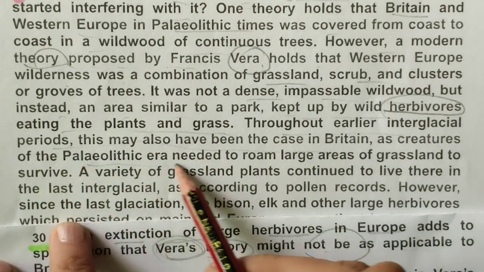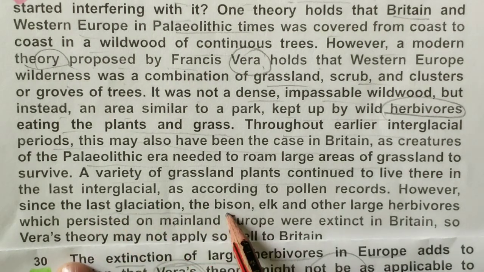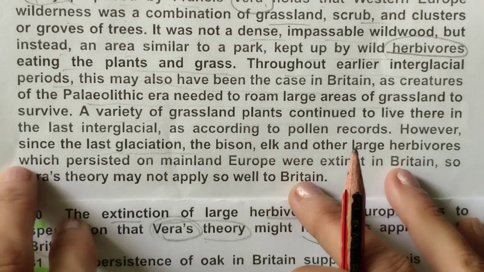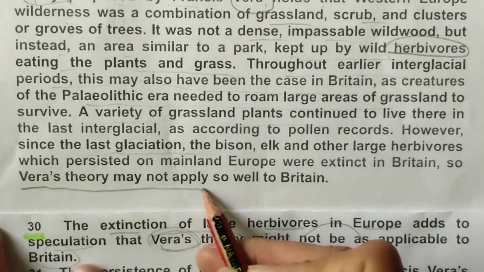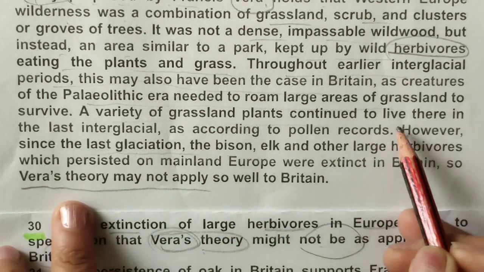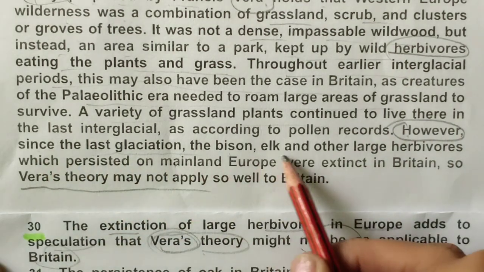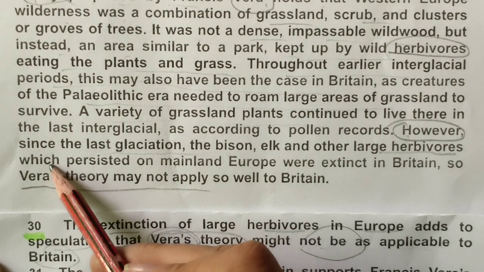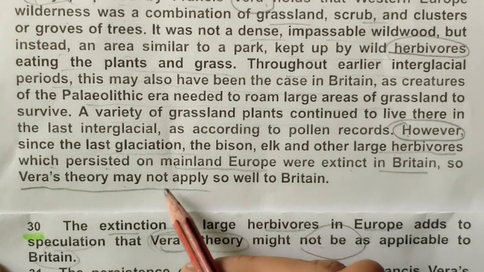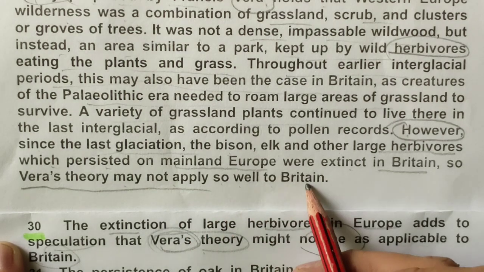Okay, so needed variety of... However, since the last glaciation, so okay, yes, this is the location. However, now however is there. Since the last glaciation, the bison, elk and other large herbivores which persisted on mainland Europe were extinct in Britain. So Vera's theory may not apply so well to Britain.